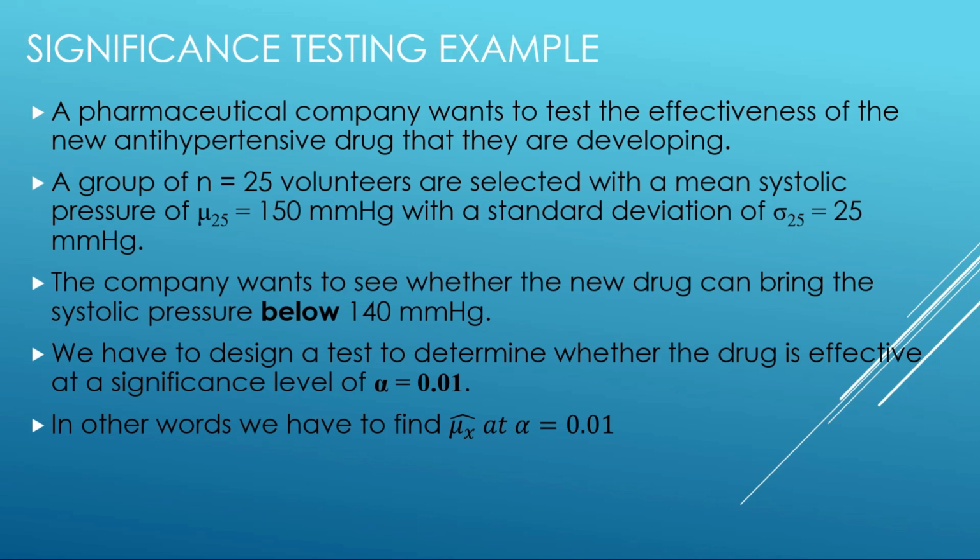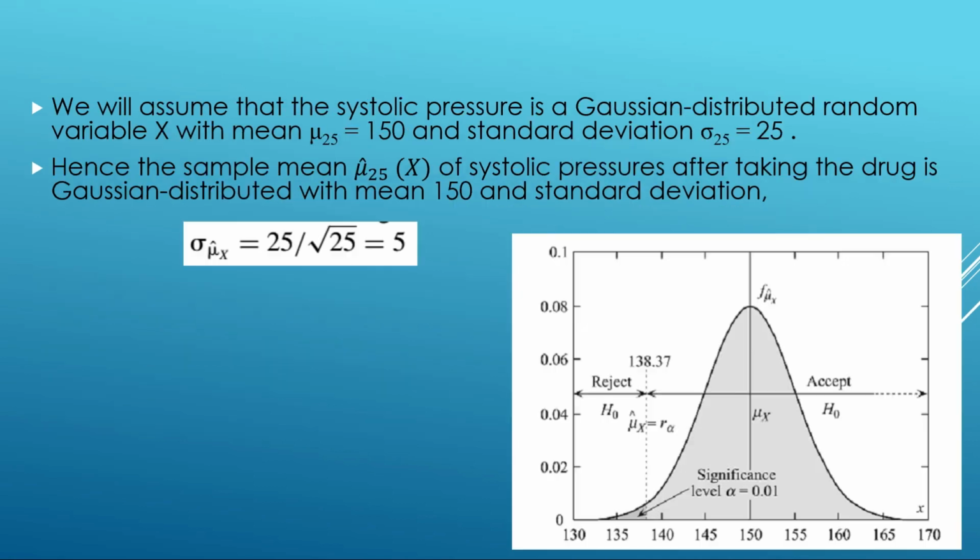We have to design a test to determine whether the drug is effective at a significance level of alpha equal to 0.01. In other words, we have to find the estimated mean at alpha equal to 0.01. We will assume that the systolic pressure is a Gaussian distributed random variable x with mean mu equal to 150 and standard deviation sigma equal to 25.